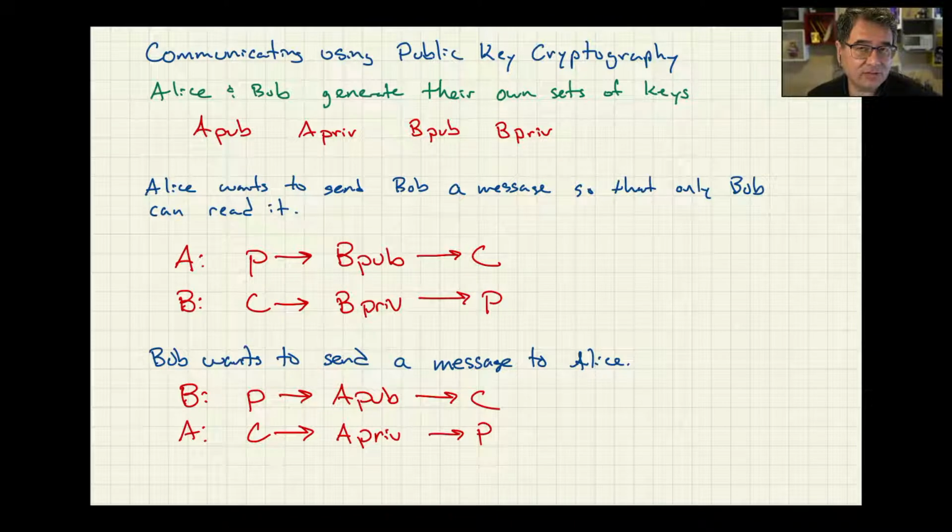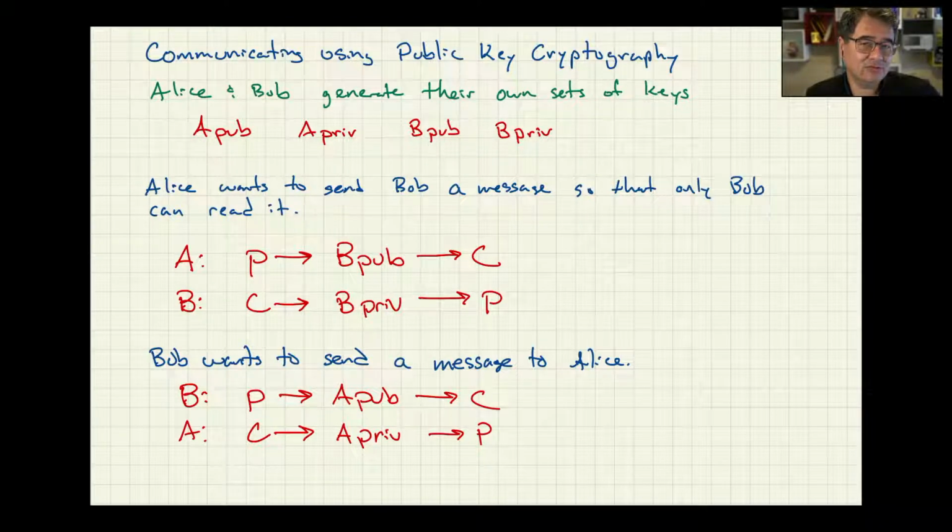The other thing to remember here is that it doesn't matter which key you use first. You really could use the private key to encrypt and then the public key to decrypt. Now, there is actually a useful use for that. We'll go over that today. But basically, if you encrypt with a private key, then you're going to decrypt with a public key, but everyone has access to the public key, which means anyone can decrypt the message.